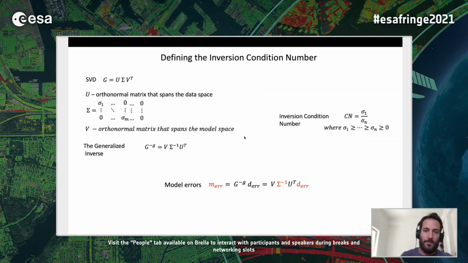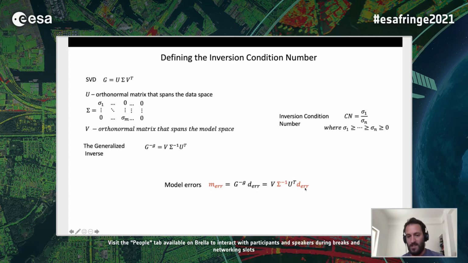So we will define the inversion condition number, and we will try to optimize it. The generalized inverse of the elastic kernel is computed by the singular value decomposition of the elastic kernel. Singular value decomposition decomposes the elastic kernel into three matrices, U, sigma, and V, where U and V are orthonormal matrices that span the model and the data space, and sigma is a pseudo-diagonal matrix with the singular values on its diagonal.